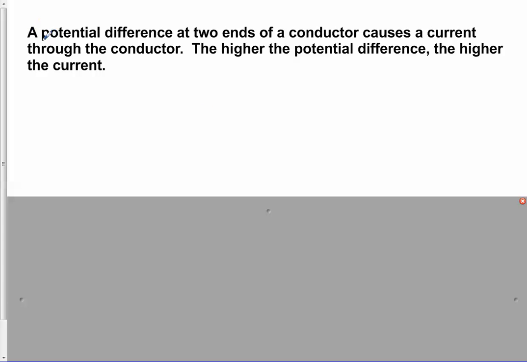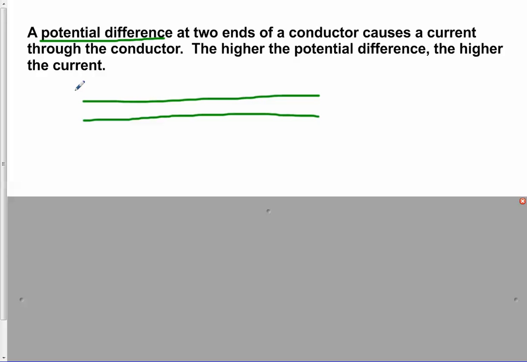Okay, so there's some potential difference over two ends of a conductor. So I'll draw a wire. And whatever V is here, let's just make up numbers. V is 20 volts, V is 10 volts at this end. So there's a difference in the potential from one end to the other, right?